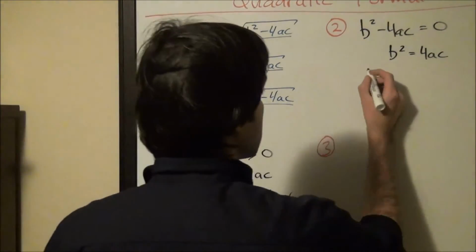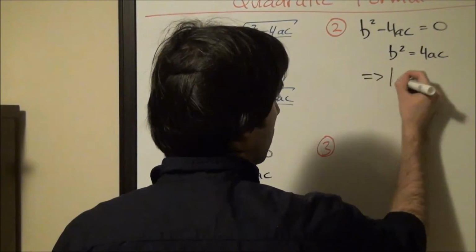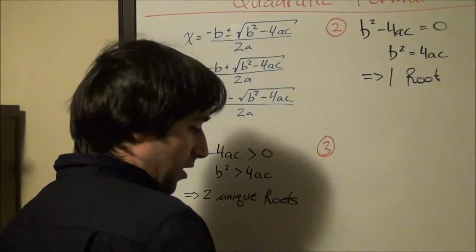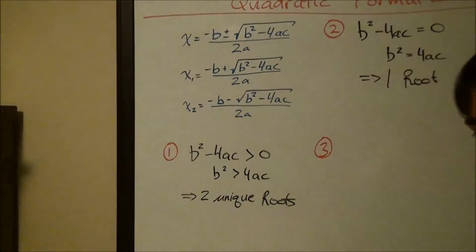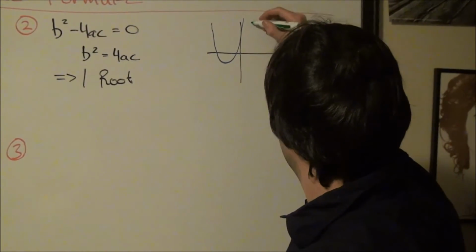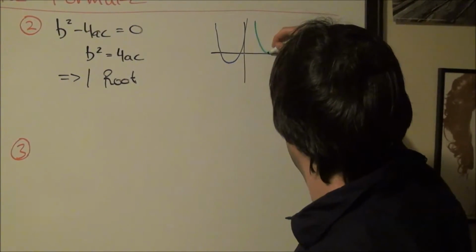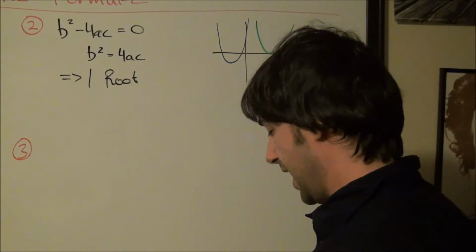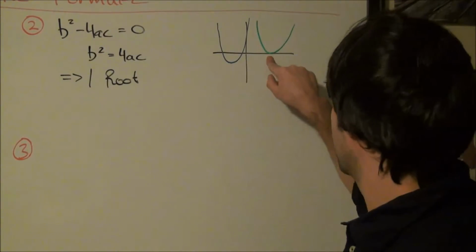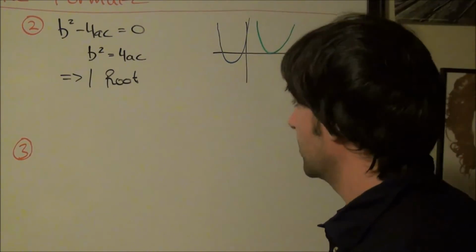So this means that there is one root. And a quadratic function that has one root will look something like this. It will touch but not cross the x-axis. So it touches at this one point exactly, at the vertex of the parabola, but it won't cross the axis.